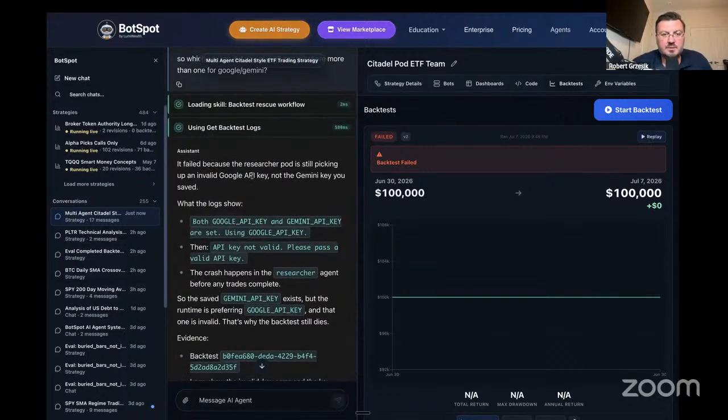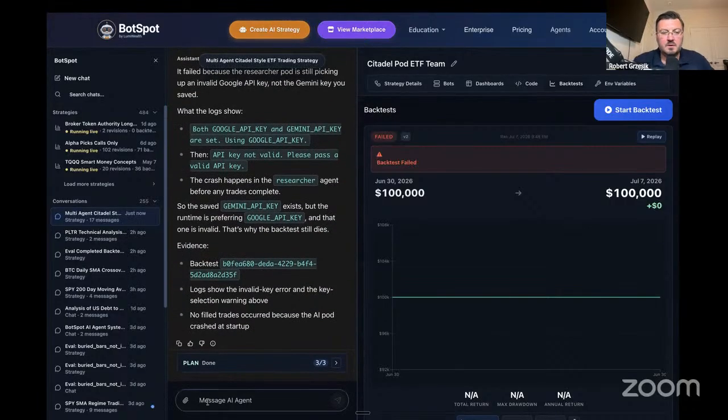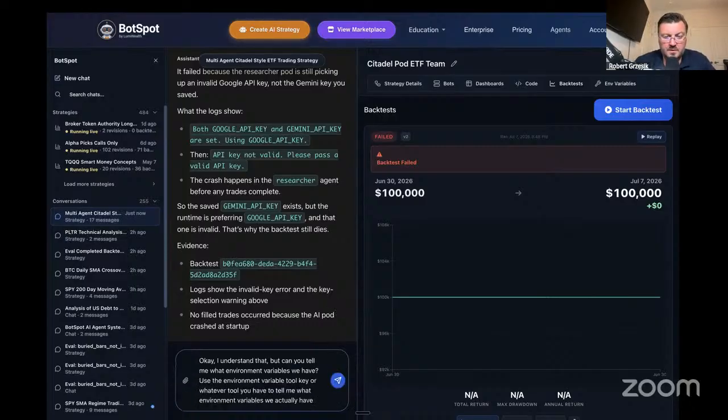It failed because the researcher pod is still picking up. Okay, I understand that, but can you tell me what environment variables we have? Use the environment variable tool or whatever tool you have to tell me what environment variables we actually have for Google or Gemini. And what key did you use when you actually ran the backtest?